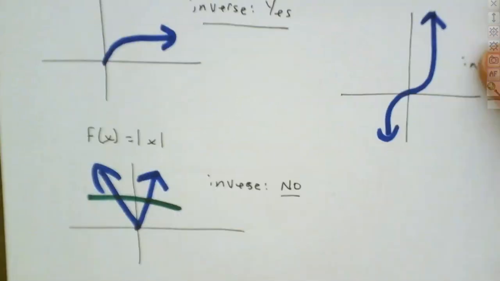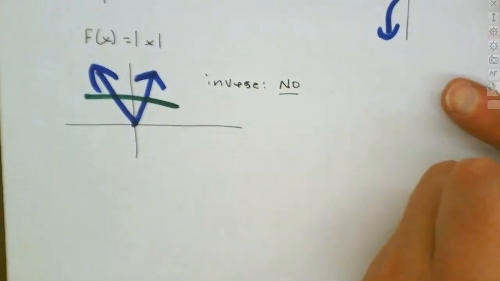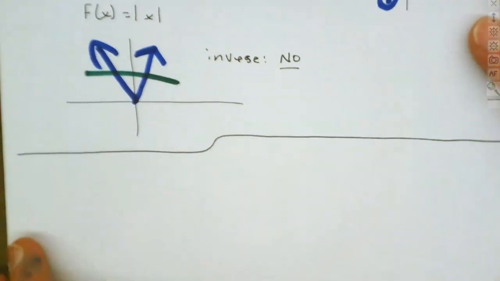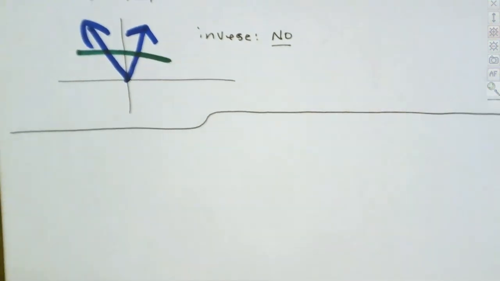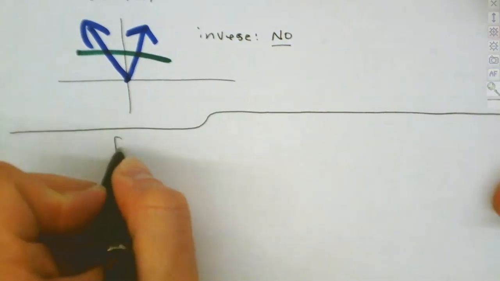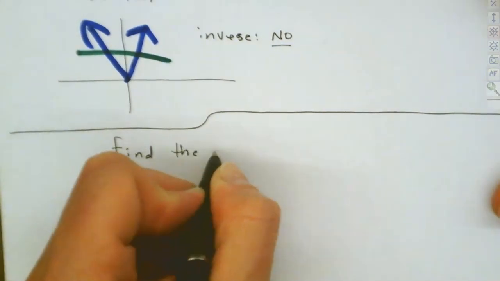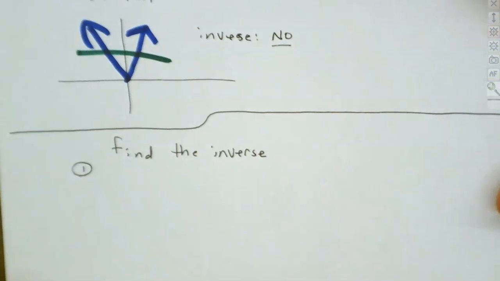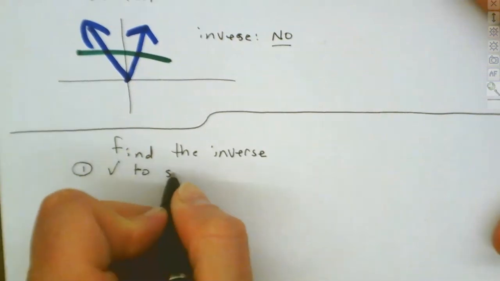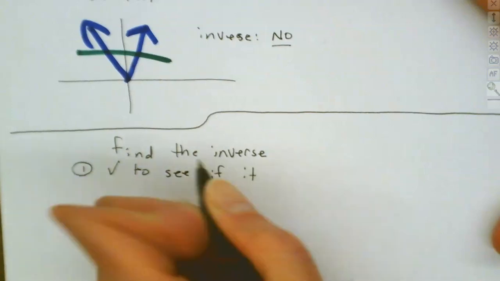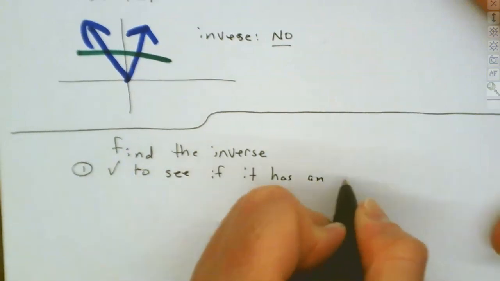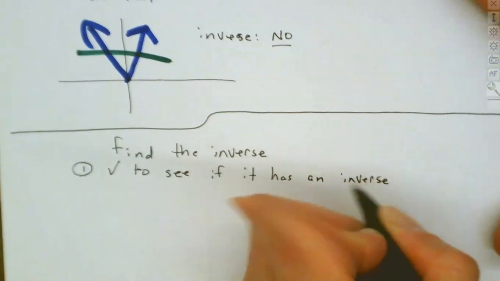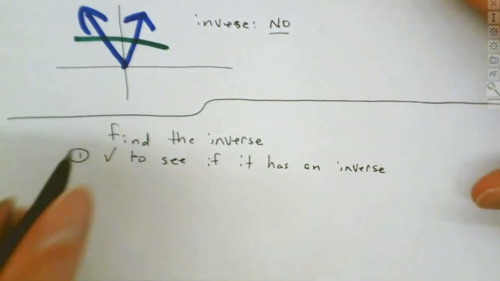Now we're going to be finding inverses. What we do when we find inverses is we have a step-by-step procedure. So we want to try to find the inverses, if it has one. Step number one, we check to see if it has an inverse. And what functions do not have inverses?